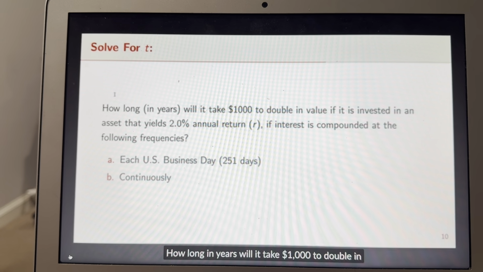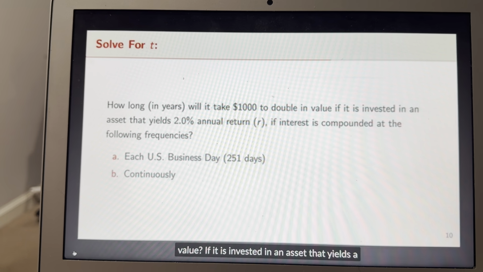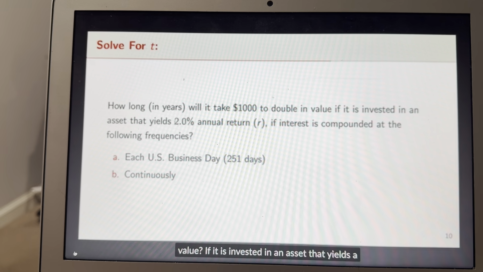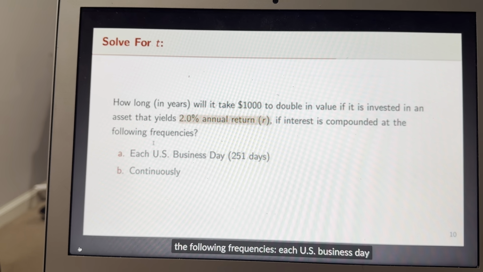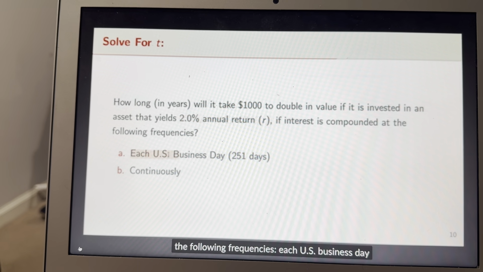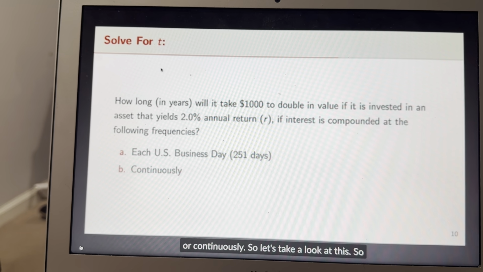How long in years will it take $1,000 to double in value if it is invested in an asset that yields a 2% annual return, and if interest is compounded at the following frequencies: each U.S. business day or continuously? So let's take a look.